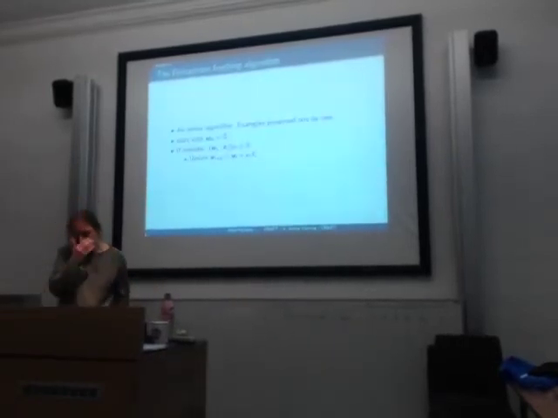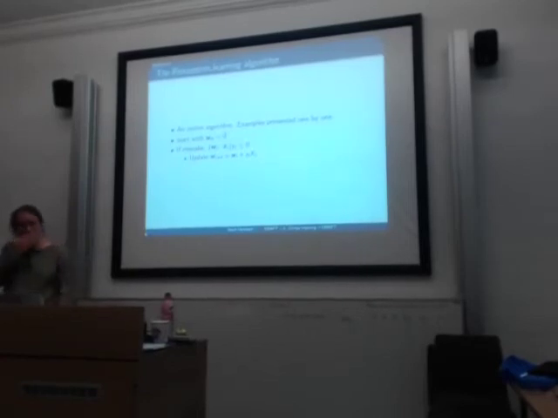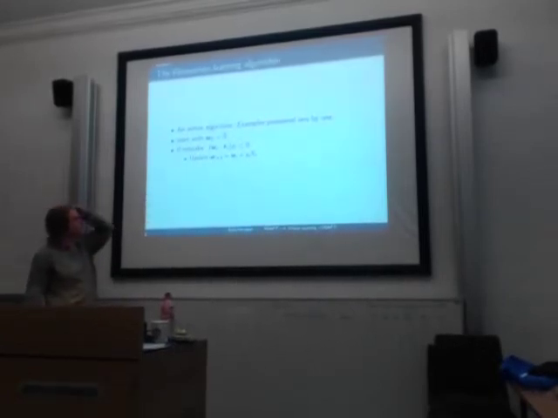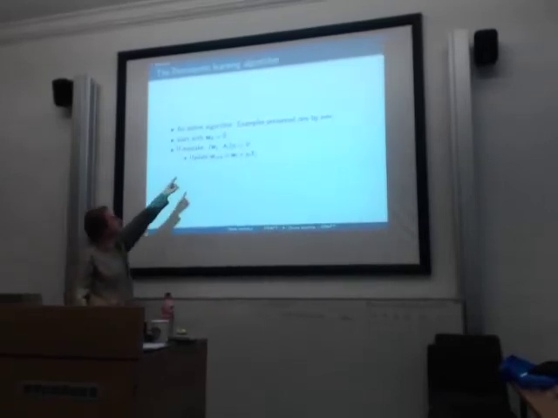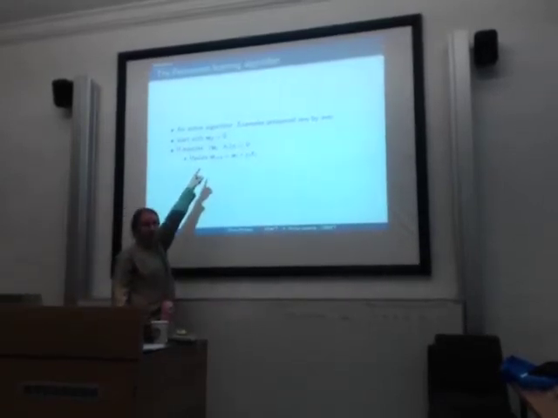Okay. The Perceptron algorithm works as follows. Examples are going to be presented one by one. Our initial guess at a classifier will be W0. W dot x will be our prediction.